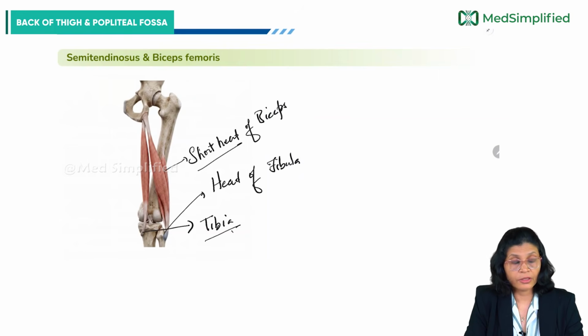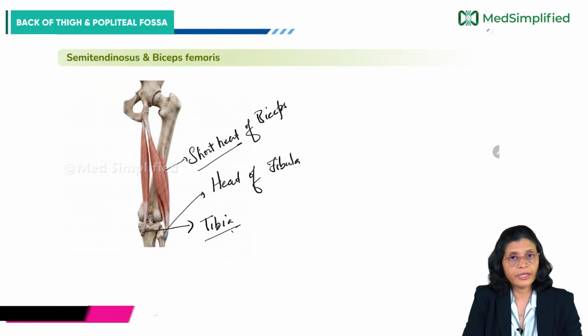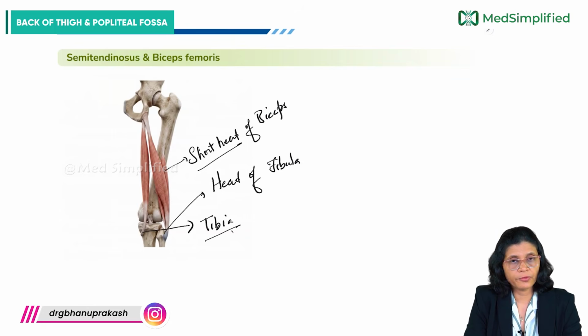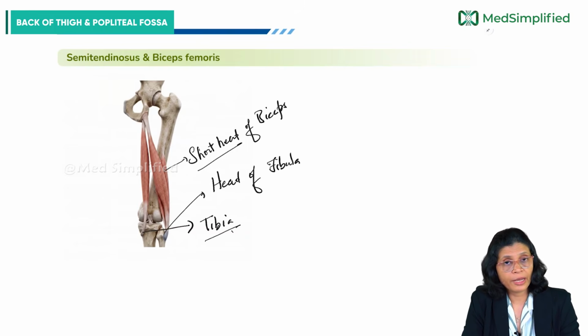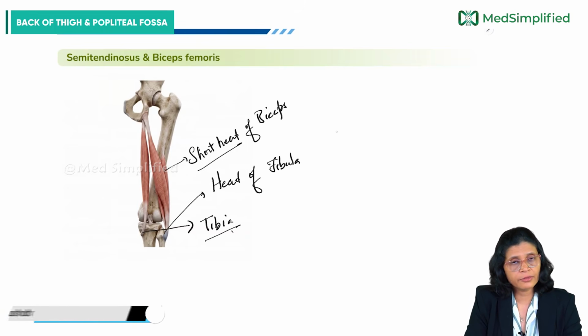So let's finish with the long head. The long head is supplied by the tibial component of the sciatic nerve, and the action is the same. It brings about flexion of the knee and extension of the hip. Then why is it not a true hamstring? It is a modified or false hamstring.